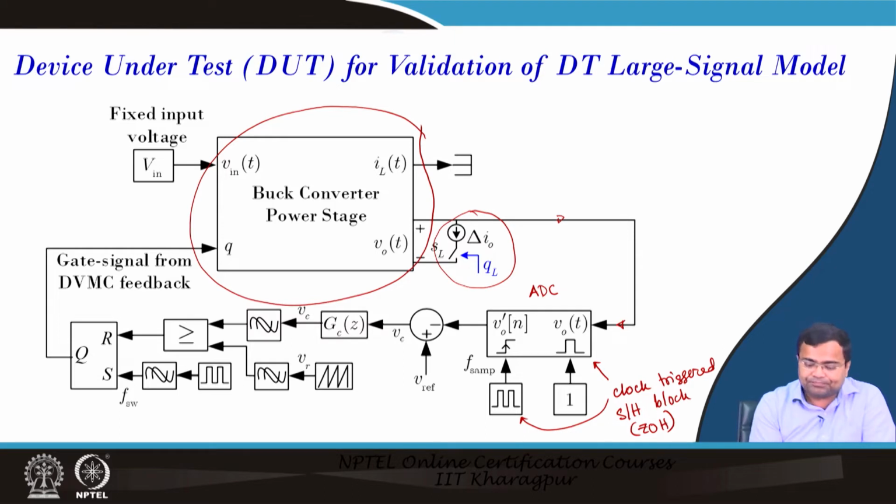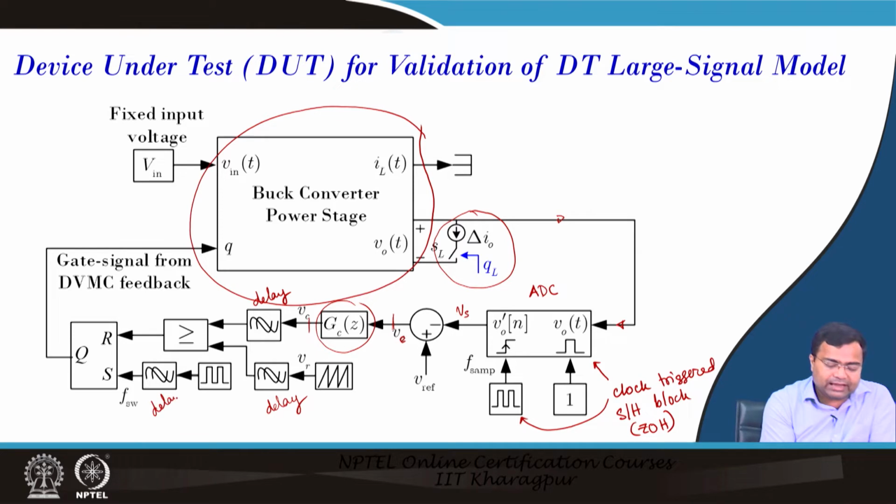So, we first sample, then we get the output voltage sample here. This is going to the reference voltage, then we get an error voltage. The error voltage goes through a controller, and since in MATLAB, in the ideal environment, we are not putting any delay till this point, we are inserting an additional delay here. So, these are all delay blocks. Here we are delaying the control voltage because that should be updated. Similarly, the sawtooth is also delayed and the switching clock is also delayed.